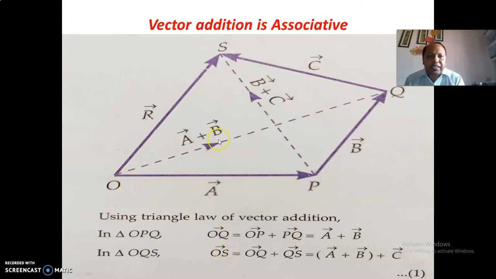That is, this vector OQ we have already derived to be A plus B, plus vector C will give us the resultant vector OS. So we write here for OQ, vector A plus vector B within bracket, plus QS is vector C, so we add vector C and the resultant is vector OS that we are getting. We put it as equation 1. You have to remember this. So this vector A plus B plus this vector C gives us the resultant OS.